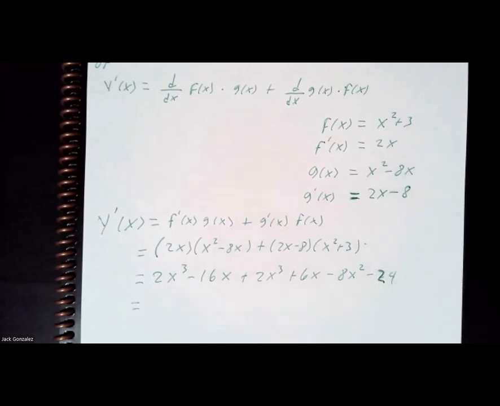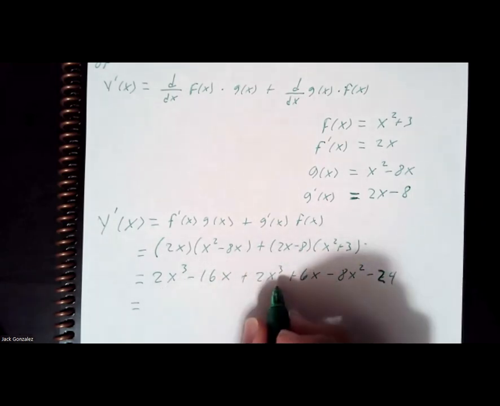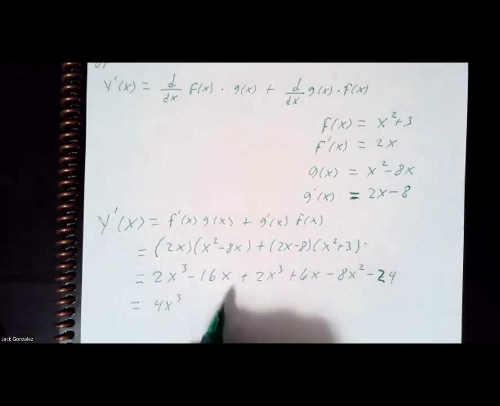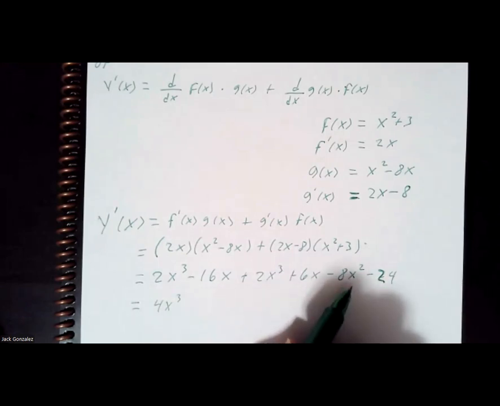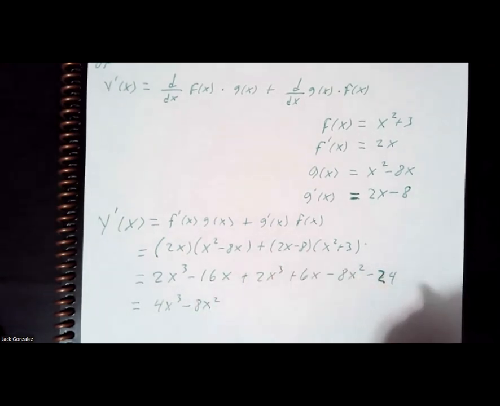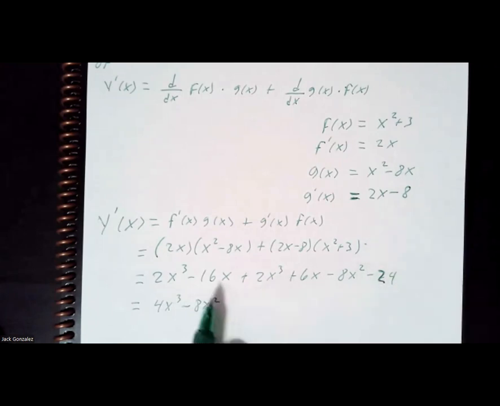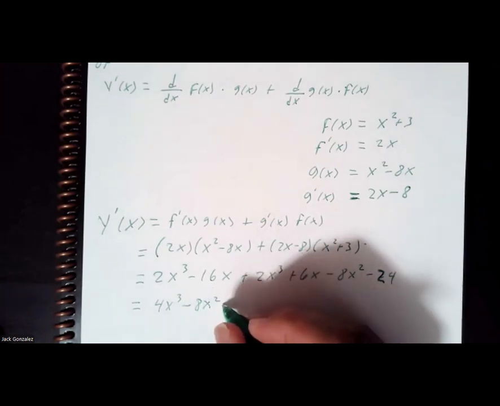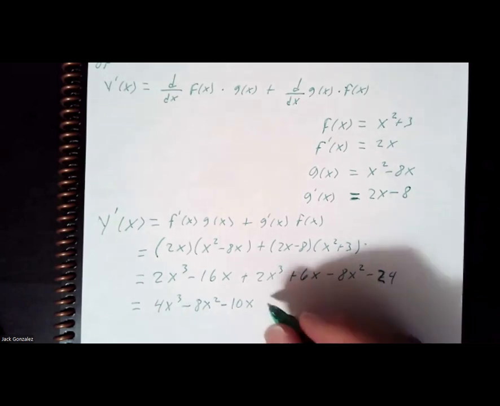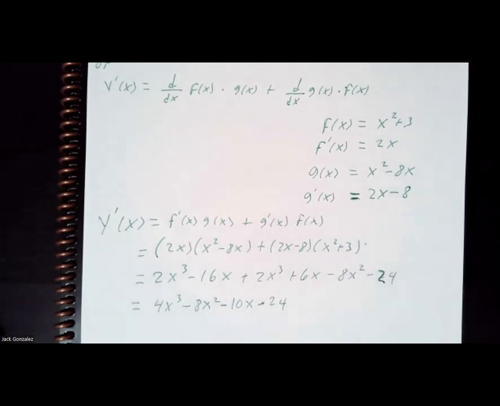The rest is algebra. So 2x cubed plus 2x cubed is going to be, well, let's do the squares first. Only one x squared term. The x's, minus 16 plus 6. And then the constant. That's it.